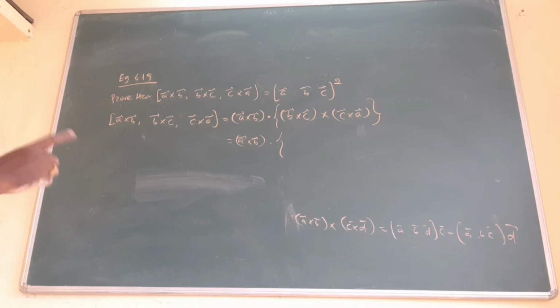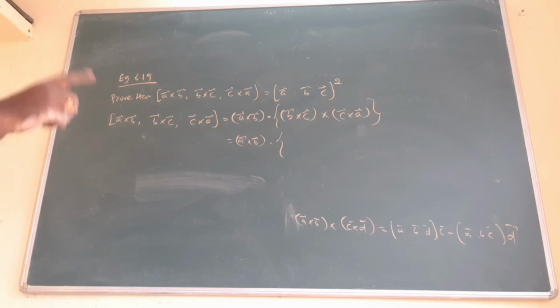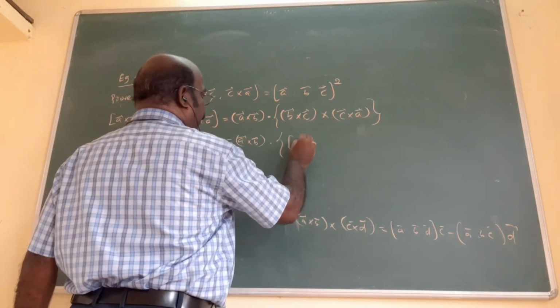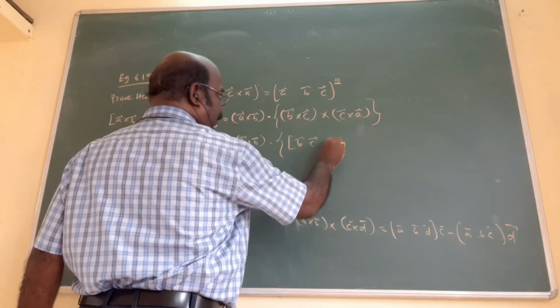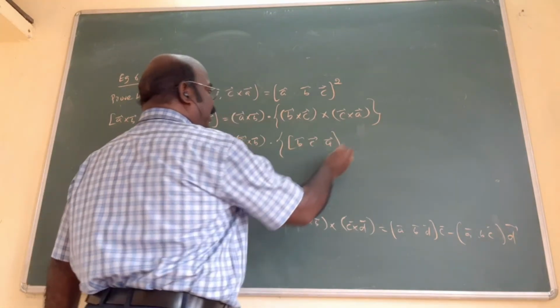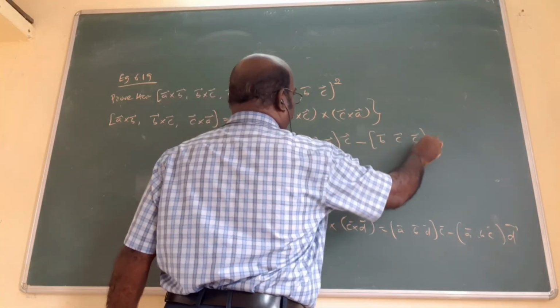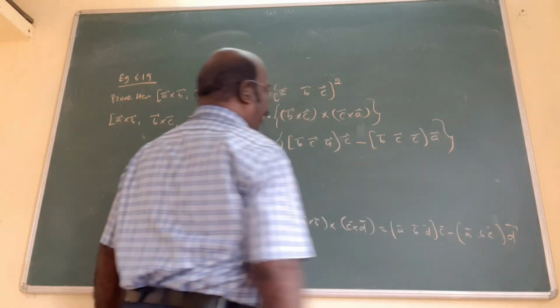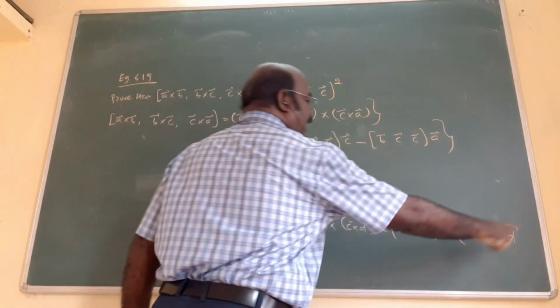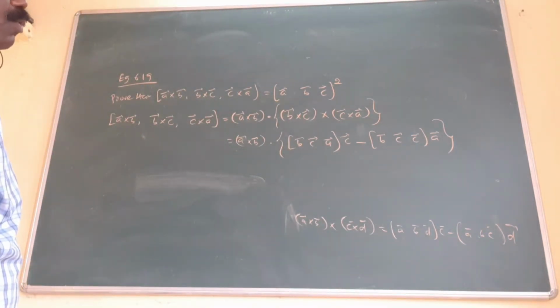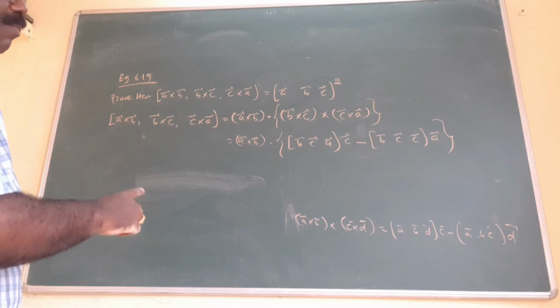Vector quadruple product means first two vectors with the last, then third; first two, third and last. In this way, you will follow the formula. Now the same thing here: box product of B, C, the last one, into C vector, minus again B, C, third one, then last one. In this way, put the formula. This is called the vector quadruple product formula. By using it, mention the formula clearly.